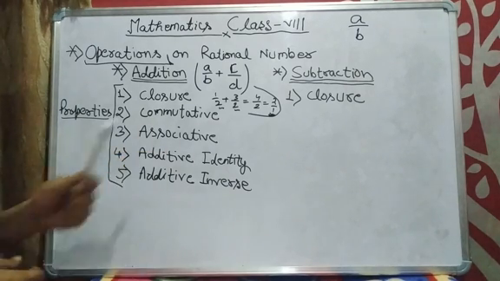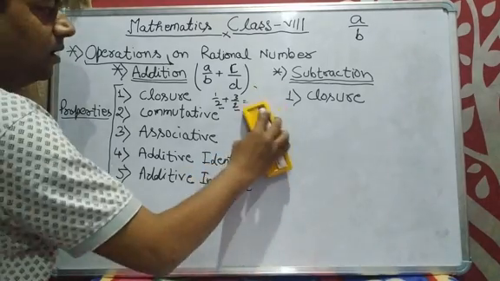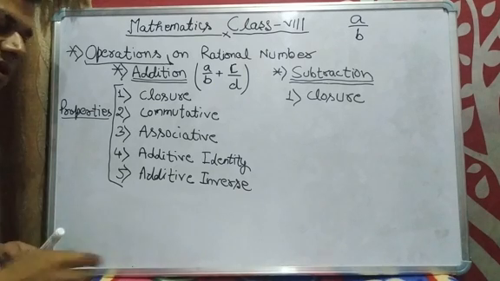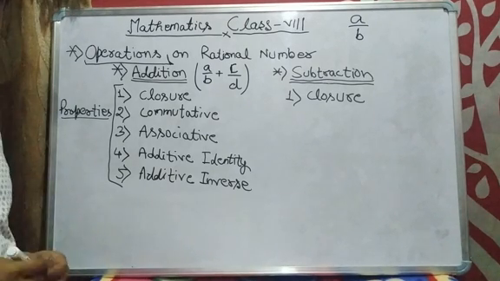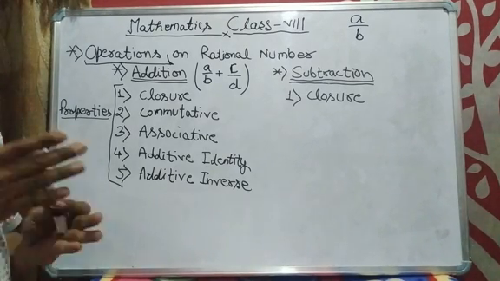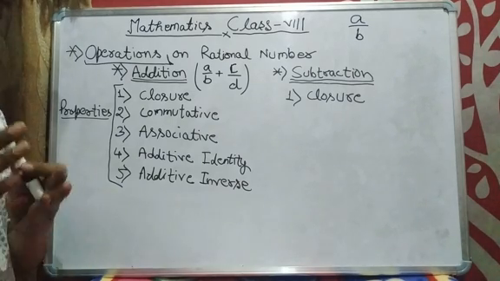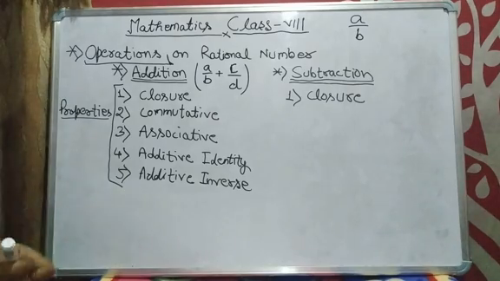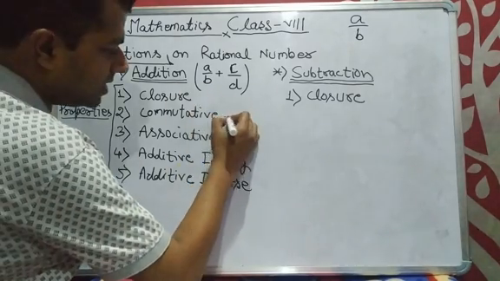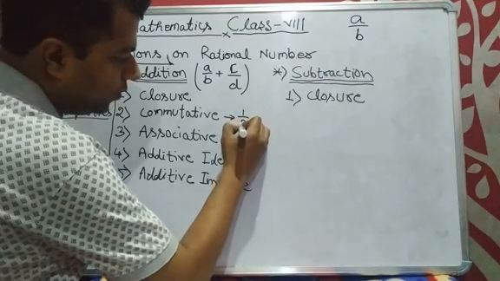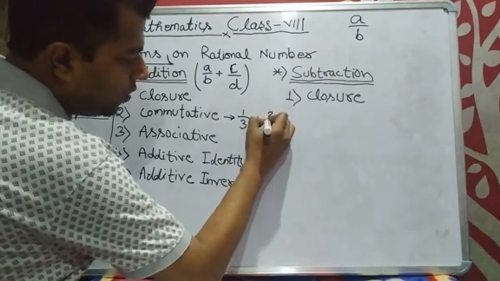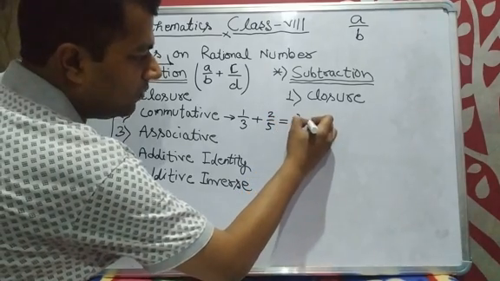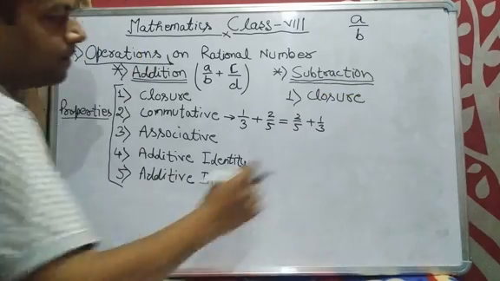Second thing, the commutative property. The commutative property says if we are talking about two rational numbers, one rational number added to the second one, or the second one added to the first one, the result must be the same. So 1 upon 3 plus 2 upon 5 will also be equal to 2 upon 5 plus 1 upon 3.